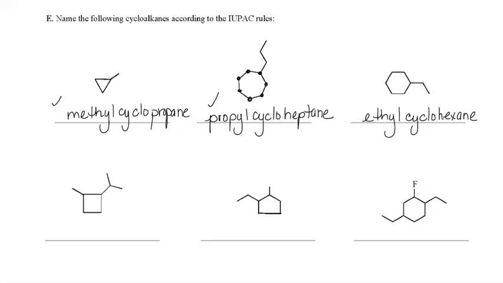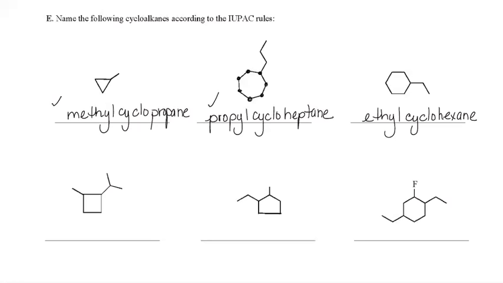Questions naming alkanes with one substituent or cyclic alkanes with one substituent? Those ones are pretty straightforward. Let's move to the bottom examples. The first two have 2 substituents. And then the last one has 3 substituents.